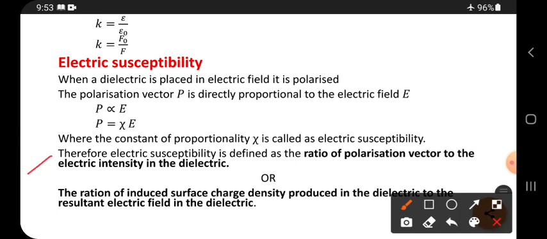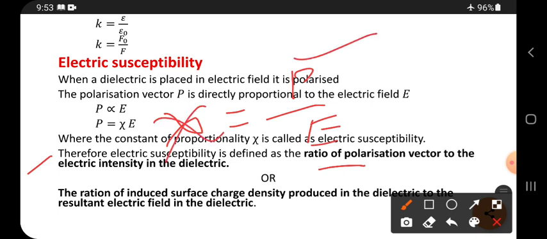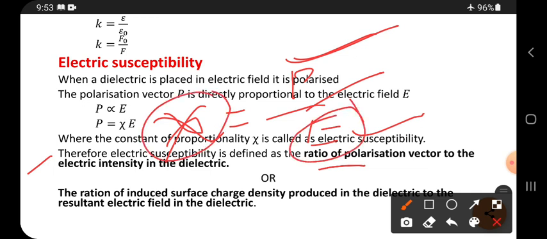Therefore, electric susceptibility is also defined as chi equals P by E. Chi is equal to P by E, where P is the polarization vector and E is the electric field. The ratio of the polarization vector to the electric field is called susceptibility. So this is the definition of susceptibility.